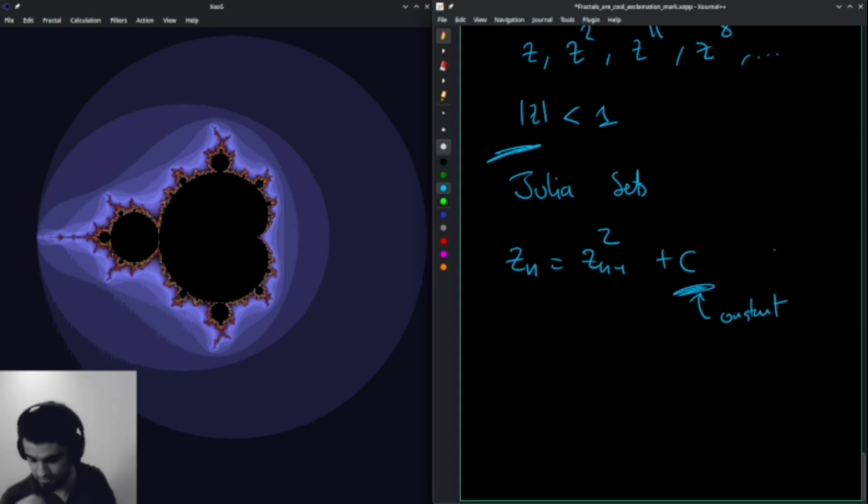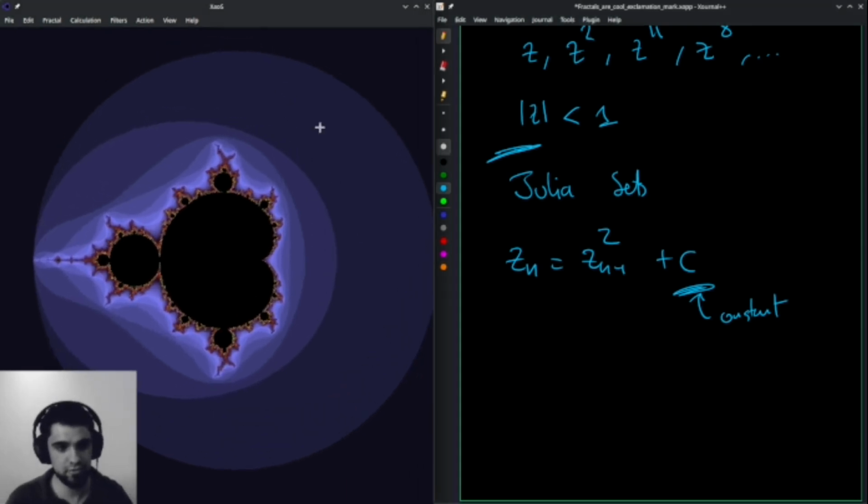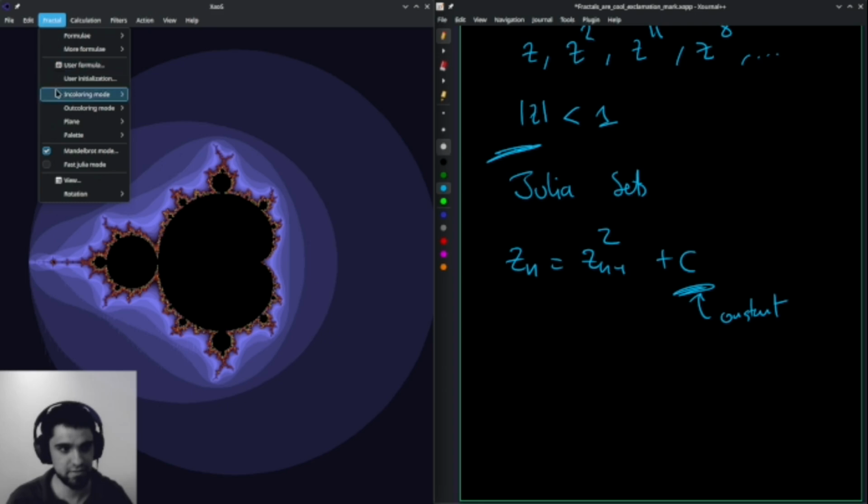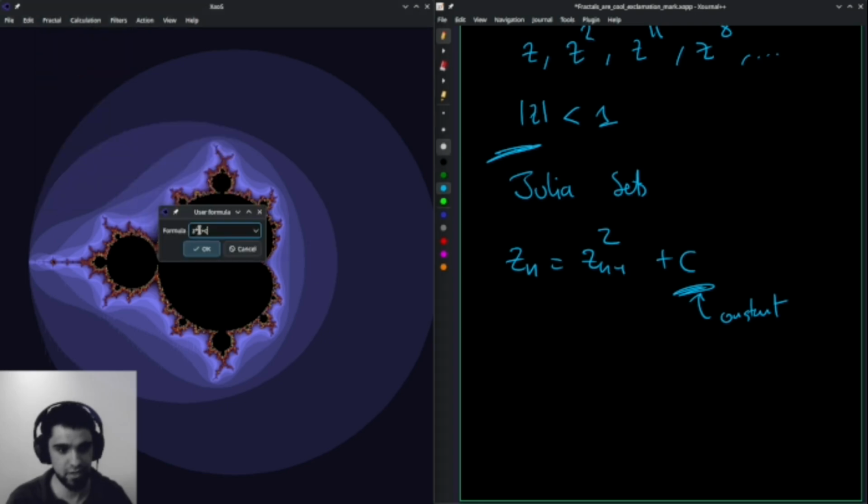It doesn't depend on the initial point. So maybe c is equal to 1, maybe c is equal to 2, maybe c is equal to 0. And so what we do is we could write that in the user formula. I could just replace this c with a specific number.